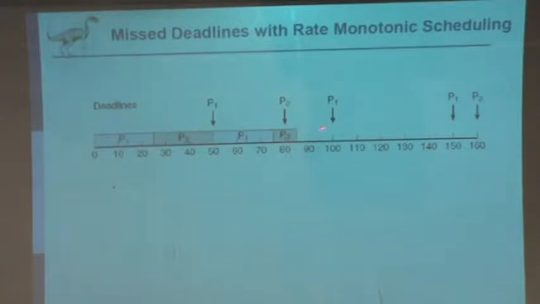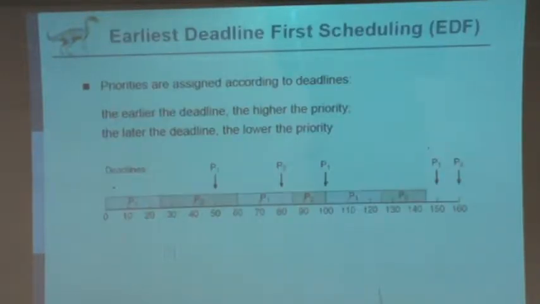So P2 may not get the full CPU time, which means it is not completed. To address that problem, we can consider the deadline. The deadline is when a process must be finished.